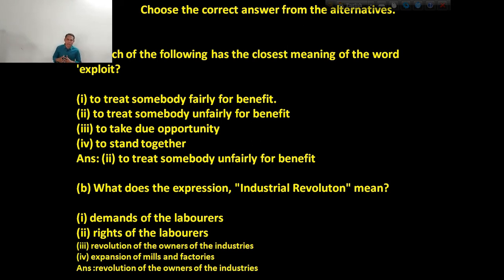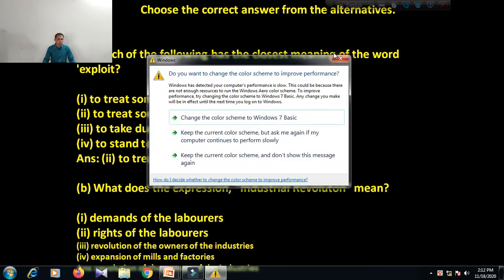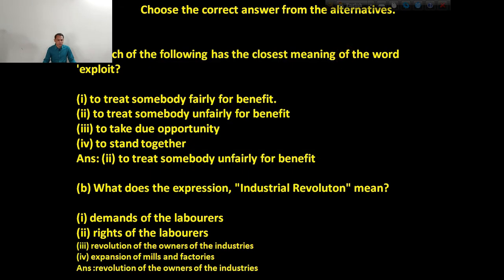Exploit means to treat someone unfairly. To treat somebody fairly for benefit, to treat somebody unfairly for benefit, to take the due opportunity, to stand together. Here the answer is to treat somebody unfairly for benefit.